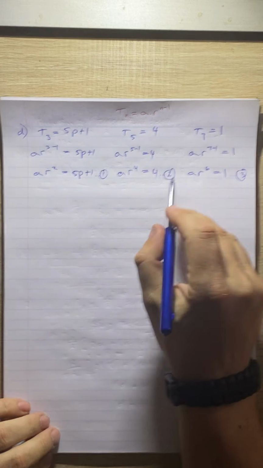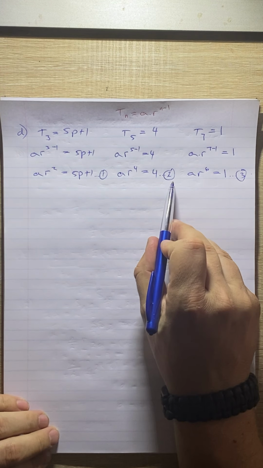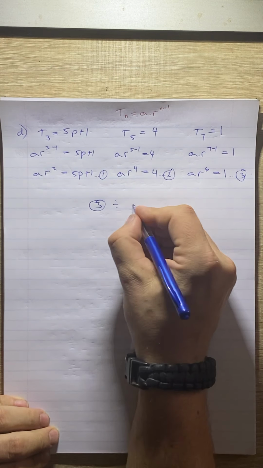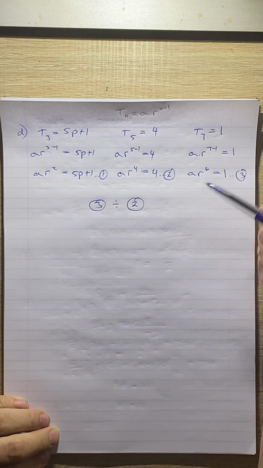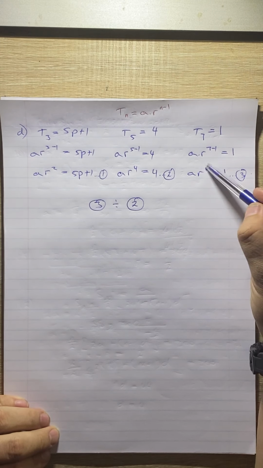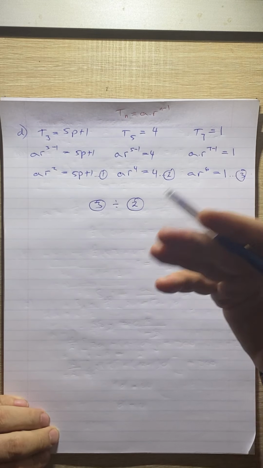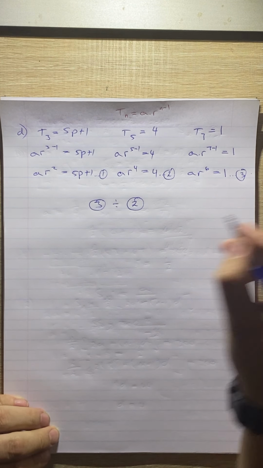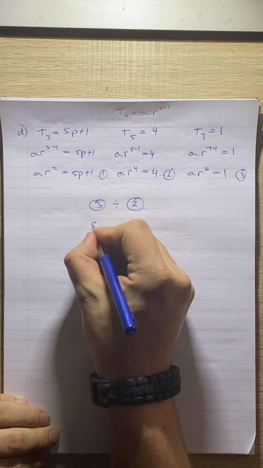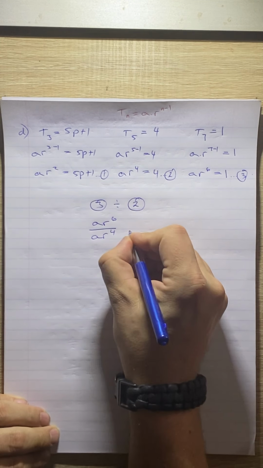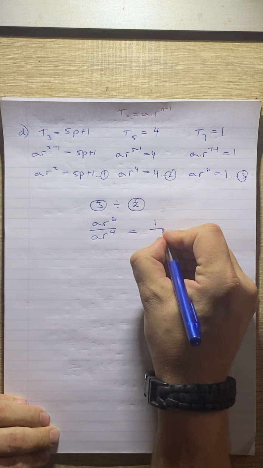Okay. So what I'm going to do here is take equation 3 and divide that by equation 2. The reason why I'm going to do that is because if I take this divided by this, my A's will cancel, which is good because then we're eliminating one of the variables. So we've got AR to the power of 6 over AR to the 4 equals 1 divided by 4.